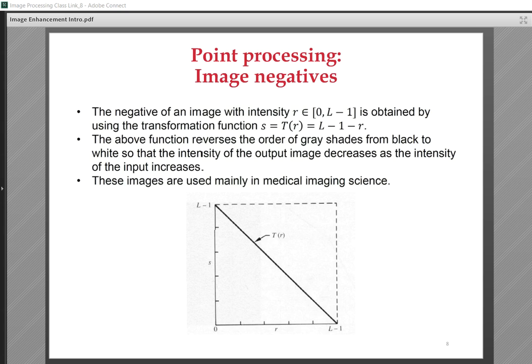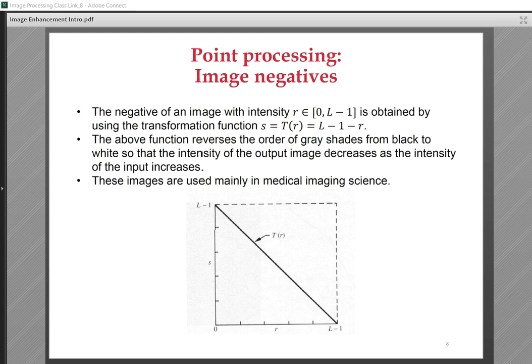Another one for point processing is image negatives. For example, in medical images, X-ray images or CT images in the hospitals use image negatives. This is the transfer function.